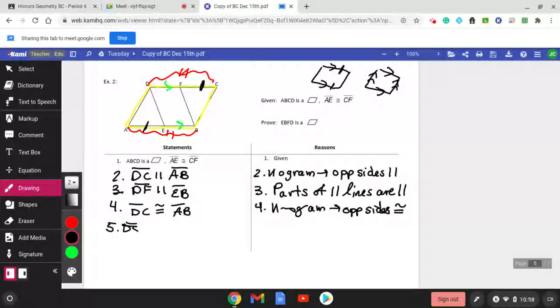DC minus FC equals AB minus AE. And things still don't change, because after my subtraction, the reason will be substitution to finally get DF congruent to EB. Substitution.